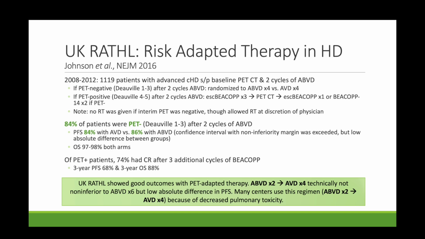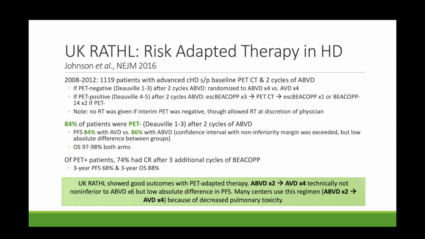But anyway, 84% of the patients were PET negative after 2 cycles of ABVD, so they had a Deauville 1 to 3 response. And the progression-free survival was not super different between the 2 groups when you look at absolute values. So PFS was 84% with AVD versus 86% with ABVD.